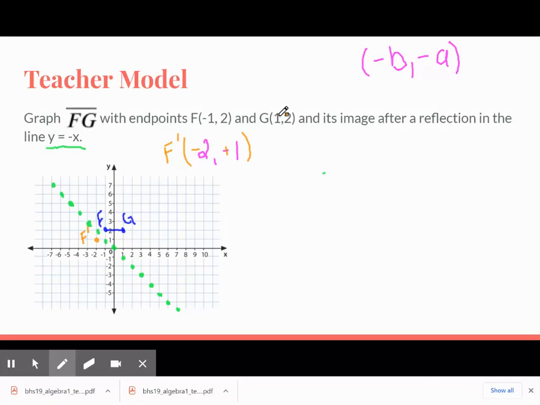Or G prime, first I'm going to flip them, so it'd be 2, comma 1. And then I'm going to change the sign, so it'd be negative 2, negative 1 for G prime. So G prime would be negative 2, negative 1, right there. And then you need to draw the line for G prime.